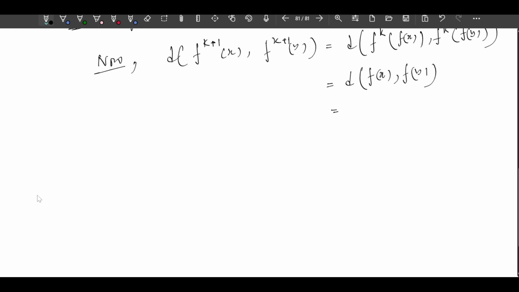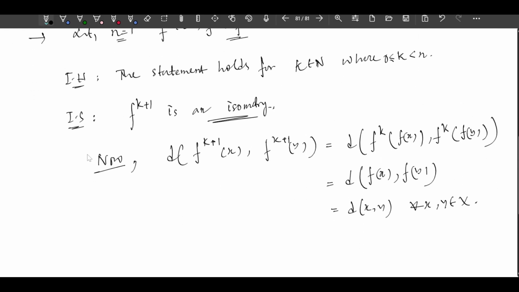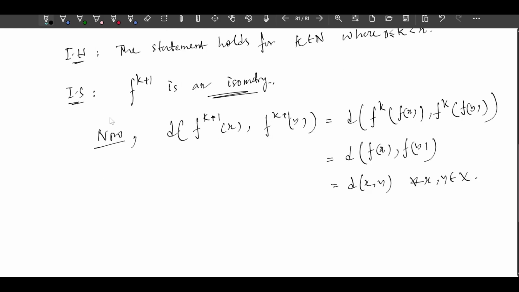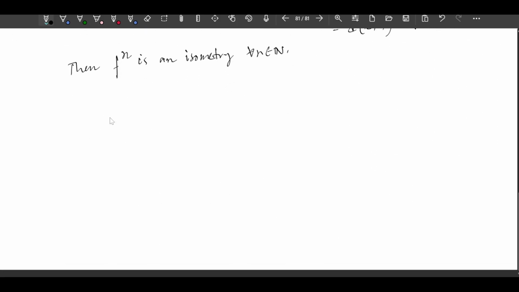Now given in the question that F is also an isometry, so it will be distance of x comma y, for all x, y belongs to X. Then what we showed is that if the statement holds for k, it also holds for k plus 1. Then the conclusion is that F to the power n is an isometry for all n belongs to natural number. So if F is an isometry, then any power of F is also an isometry.